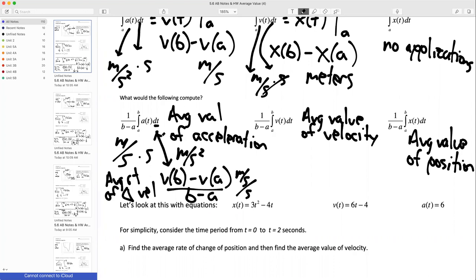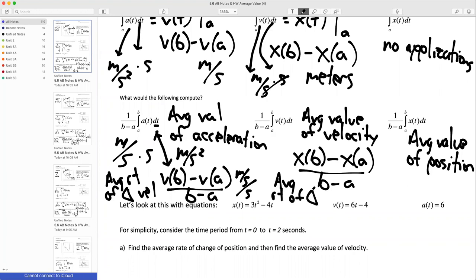But let's do this. If I integrate the velocity, I get a position and then I divide it by time. So I have position divided by time, which is a velocity. Well, this is equivalent to x of b minus x of a over b minus a. This is the average rate of change of position. And these two things are equivalent to each other.